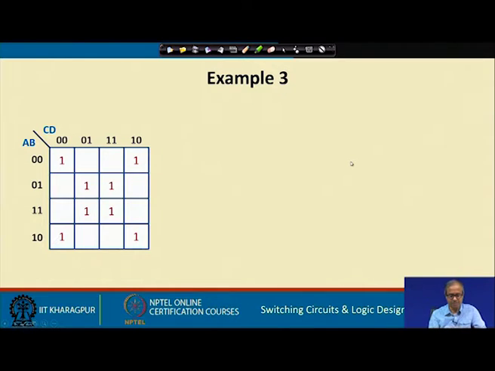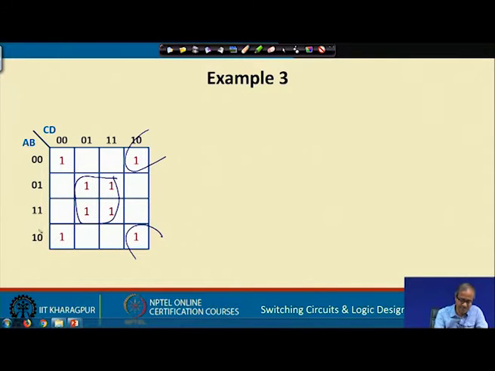Take another example. This is a very nice, regular example, which shows 4 ones in the corners. This is very easy. The middle 4 will be one cube and the 4 corners will be another cube. So, what will be the expression?